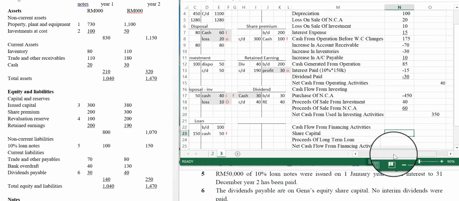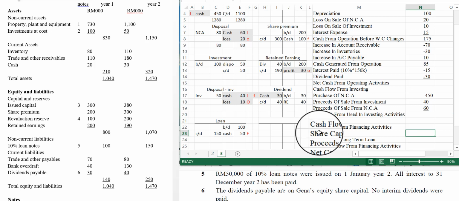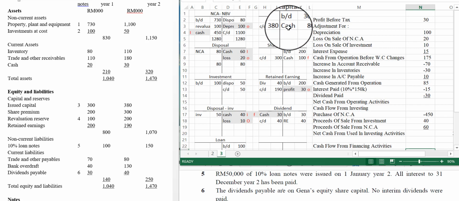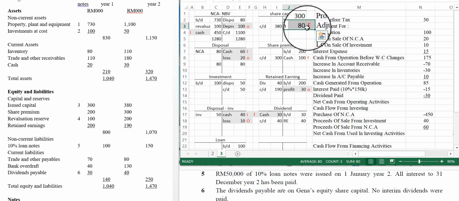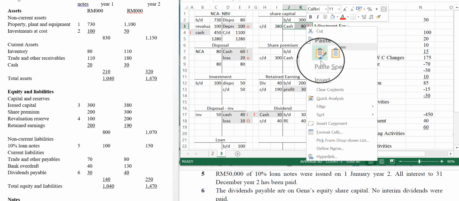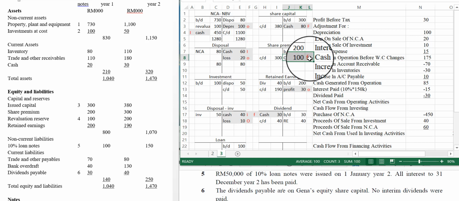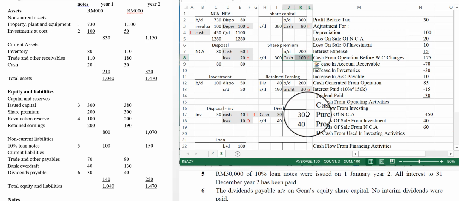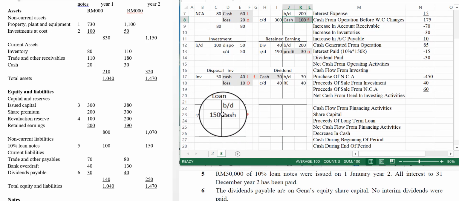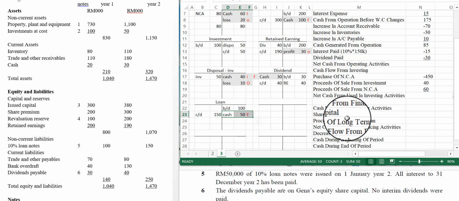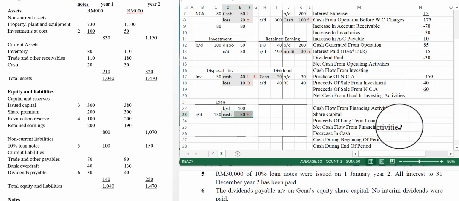Share capital, cash flow from financing activities. If you look here, share capital is an increase, right? By right, share capital is an increase, which means that you receive money, so it is a plus. Same thing for share premium, it is a plus. And loan also, you increase your loan amount, so it's also a plus.